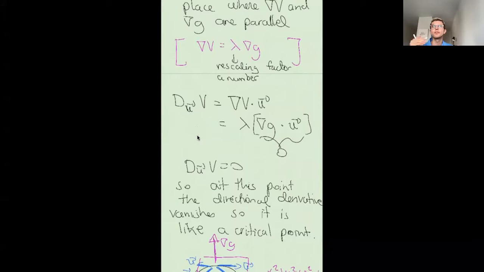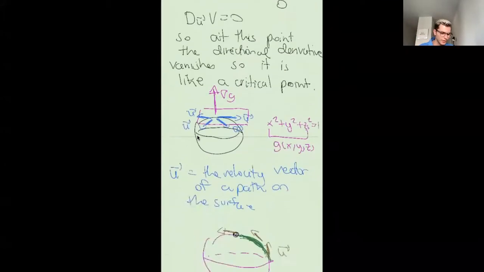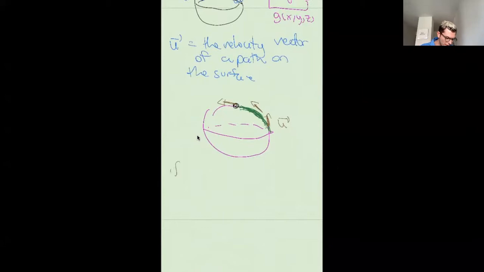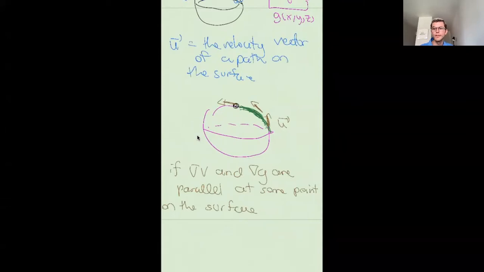So imagine you're driving. I'm saying if the gradients are parallel at some point on the surface, then the directional derivative of v vanishes for all the paths on this surface.